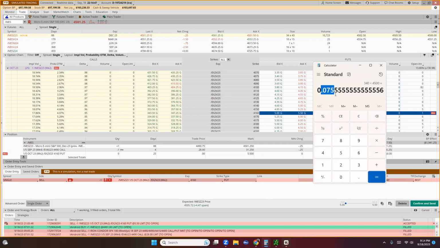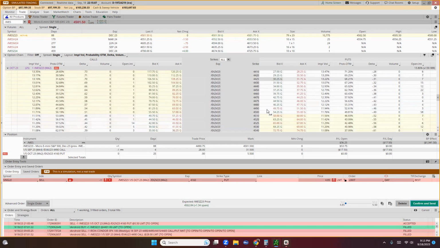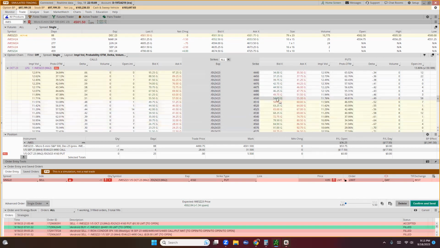I'm not saying it can't happen, but it's very unlikely to happen. So if it did drop 7.5% in a month, then there's a good chance that it might stay where it is or possibly bounce back at least slowly after that. I will try to roll once out at no net credit or debit. What I mean by that is if you look at the 4,500 strike, it's currently going for 54 premium.